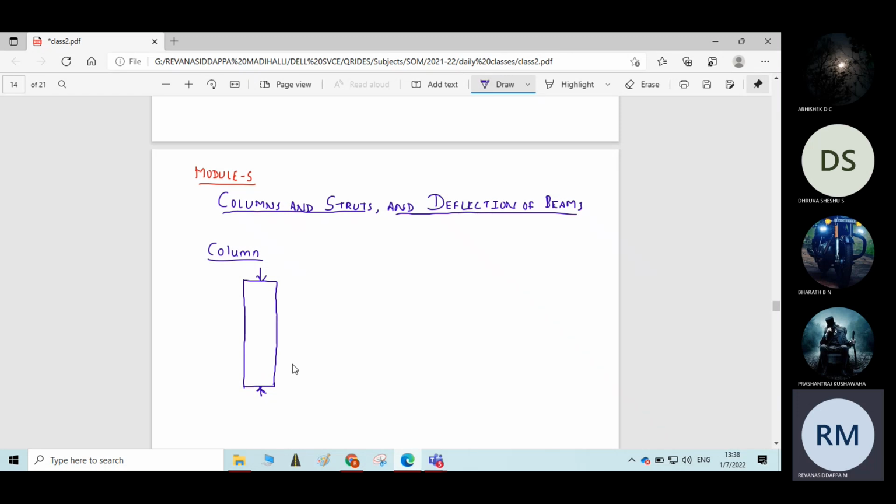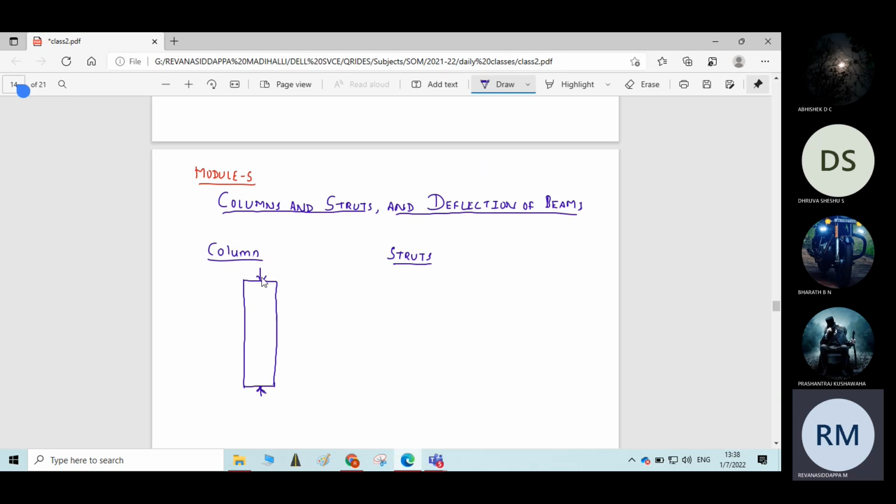A column is a member which will carry the axial compressive load. Most of the pillars carry the axial compressive load, and that is called a column. Coming to the strut, it is also a compression member, also a column, but its end conditions will be different.